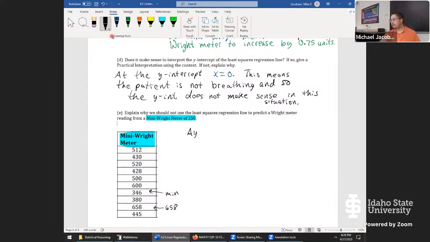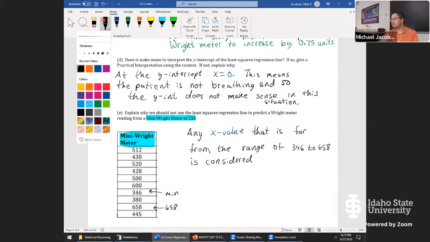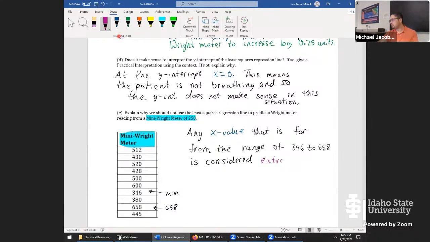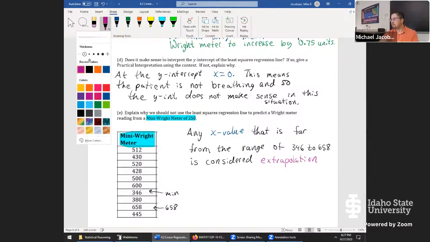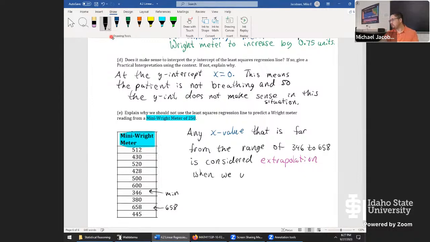So now we can say any X value, much like the X value 250 that was supplied, that is far from the range of 346 to 658 is considered extrapolation when we use the so-called least squares regression line.